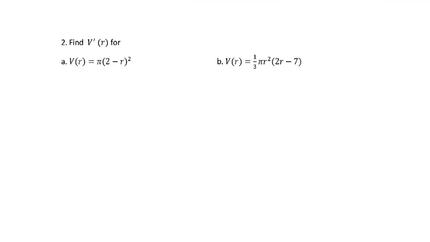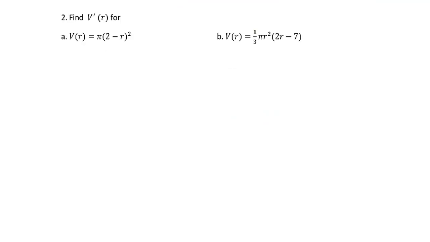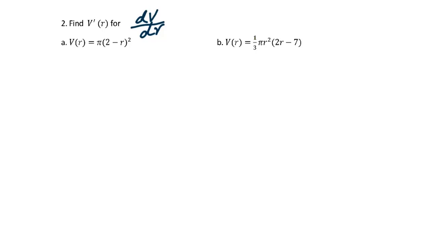Now let's go to 2. Find the derivative of v of r. This time, basically, we're working on dv by dr. R is the independent variable. V is the dependent variable.